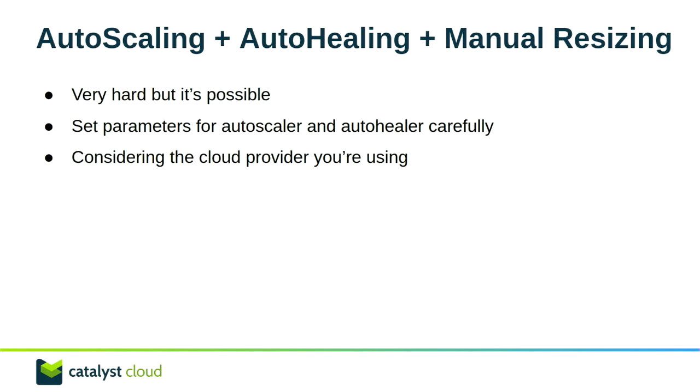And a user may also do a manual resizing for the cluster as well. So you need to make sure they can work together correctly. Because recently, actually we are running the auto-healing on our production as a default configuration. But we didn't enable the auto-scaling as a default configuration.